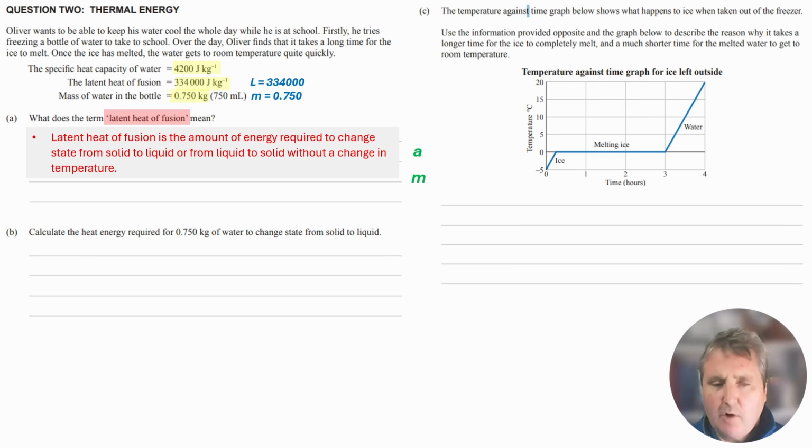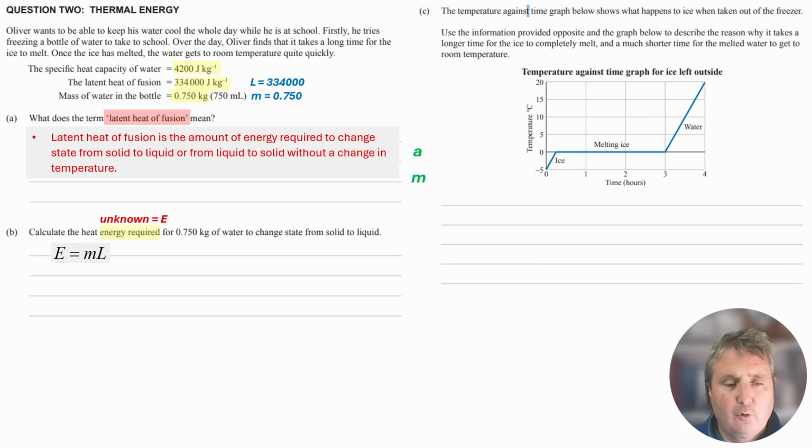Calculate the heat energy required for 0.075 kilograms of water to change state from solid to liquid. Okay, so the energy here equals the mass times the latent heat. So we know we want to find out the energy, but we know that the mass is 0.75 grams, and we know the latent heat is 334,000. So we just put our formula in here.